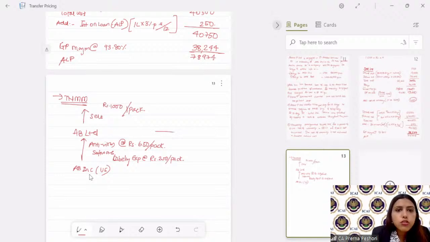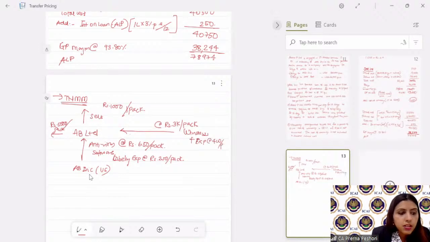It also purchases similar antivirus software from, say, Windows at rupees 3000 per pack, and sells it for rupees 5000 per pack, plus it incurs some additional charges of rupees 400 per pack. So here also you would say that your RPM method should be applicable.